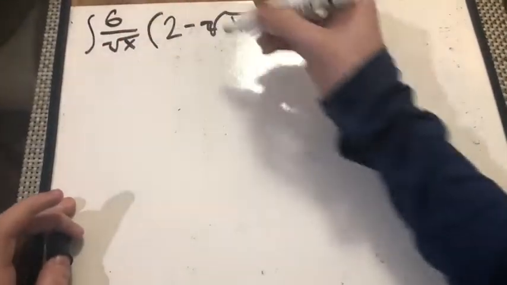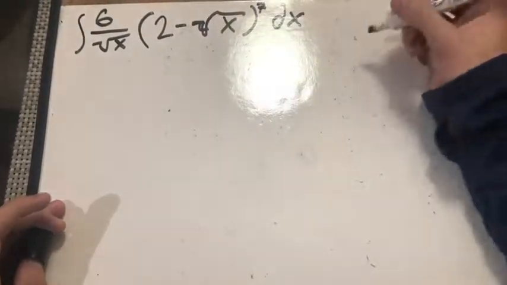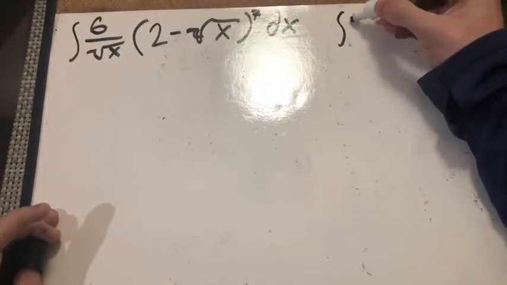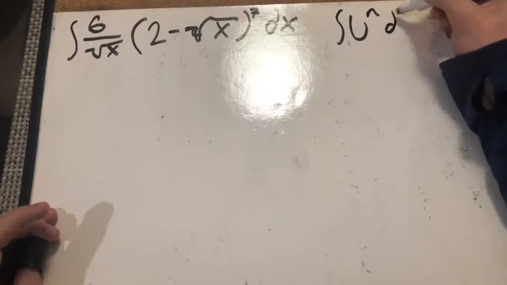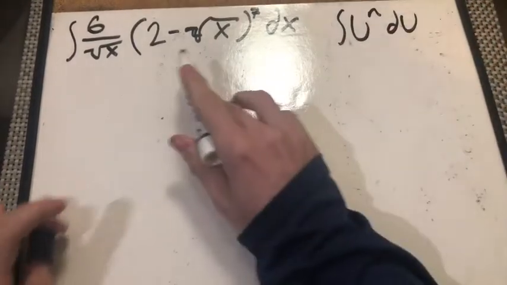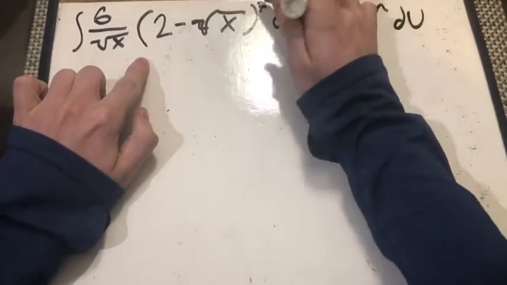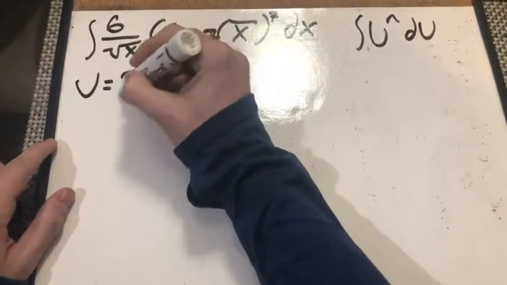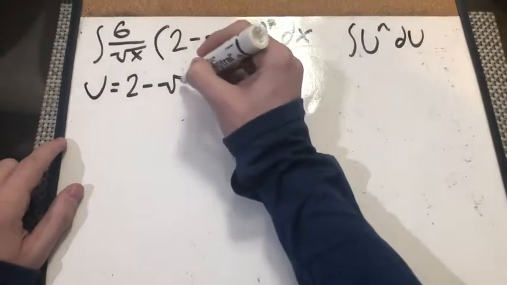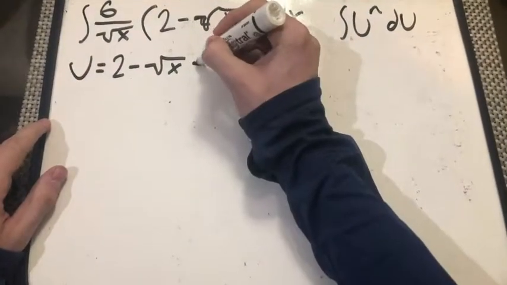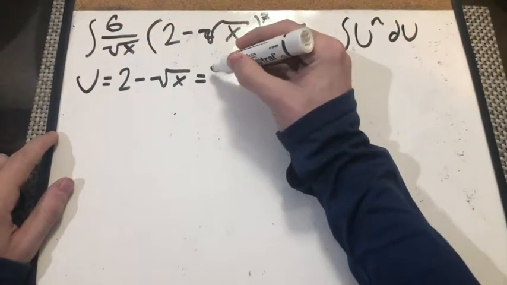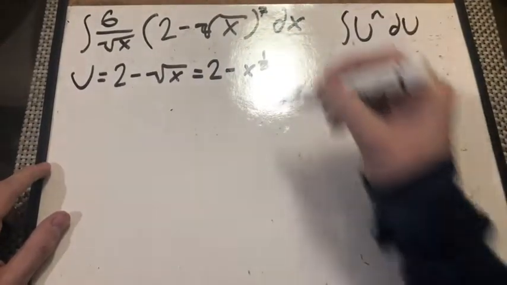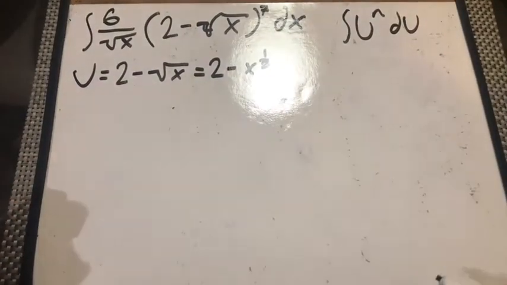To start off, we need to identify which u it is. We know from the thing I just mentioned that u to the n du, our u is going to be what's inside the parentheses raised to something, which is the n. So the u is going to be 2 minus square root of x, which, to make it easier for ourselves, we're just going to turn it to 2 minus x to the 1/2, which is the same as square root of x.